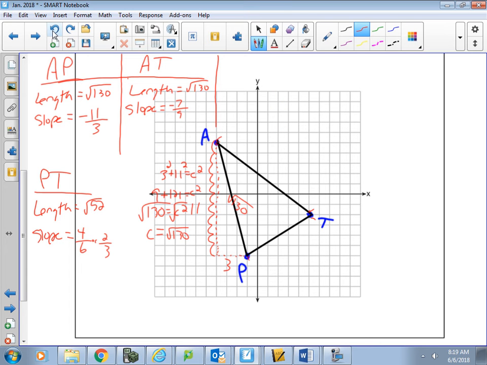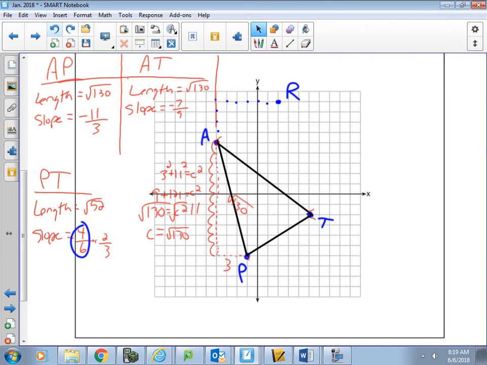We already know the slope from P to T is 4/6. So if we go from A up 4/6, that should be where our R is. It should be pretty simple. I'm going to count 1, 2, 3, 4, and 1, 2, 3, 4, 5, and 6. So that should be where my R is.